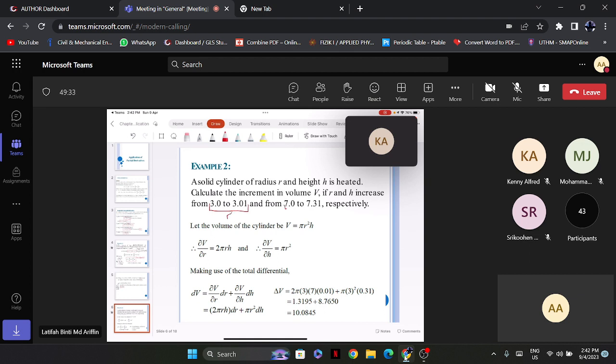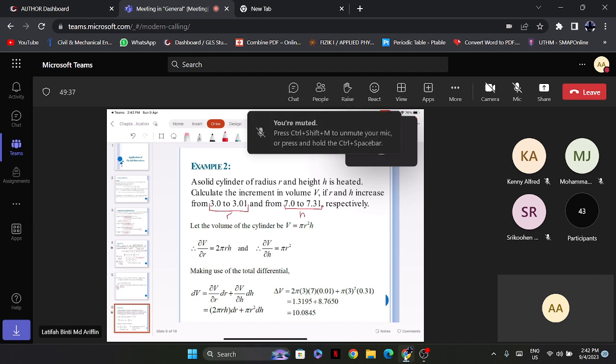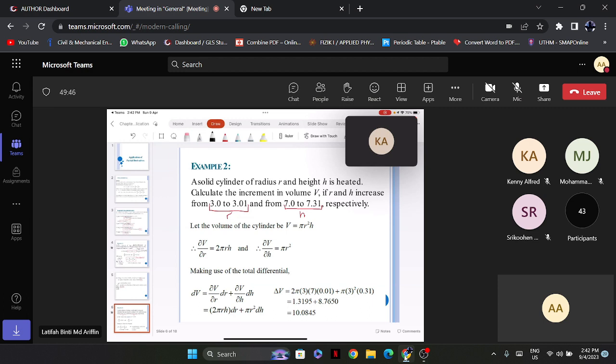And then this one is for H. Given that the formula V is equals to pi R squared H. Ini adalah formula untuk mencari volume bagi satu silinder. So this is the formula of cylinder.